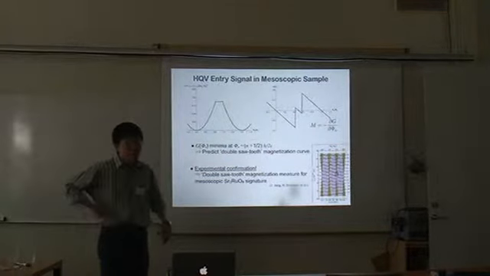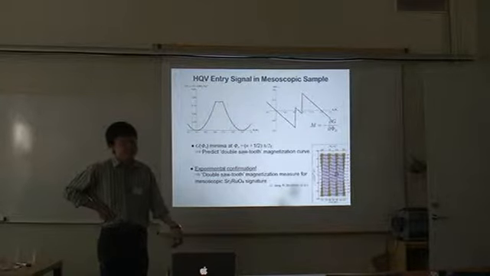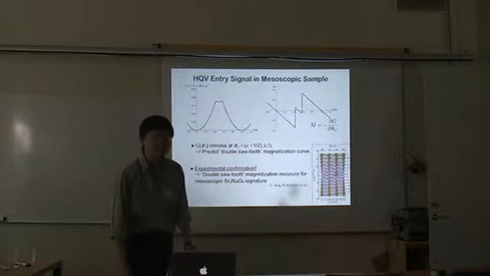So presumably what they are seeing under 200 Gauss may not be, I mean, they don't see any evidence to conclude that it's really coming from the in-plane magnetic field. Sorry, I missed that.